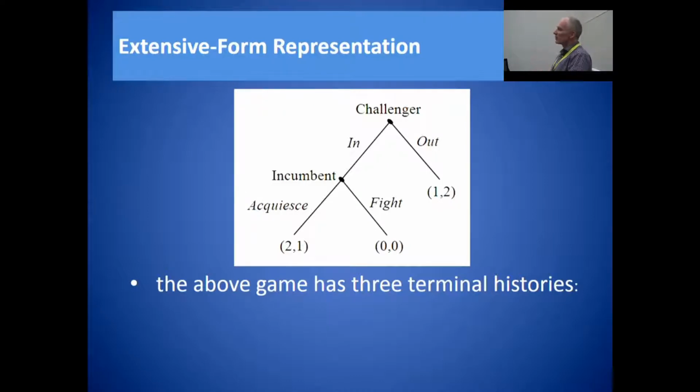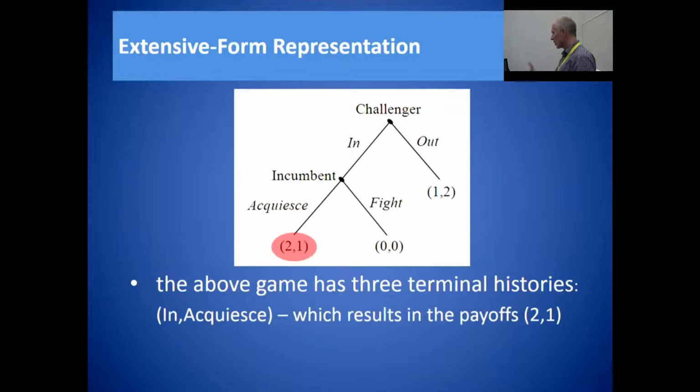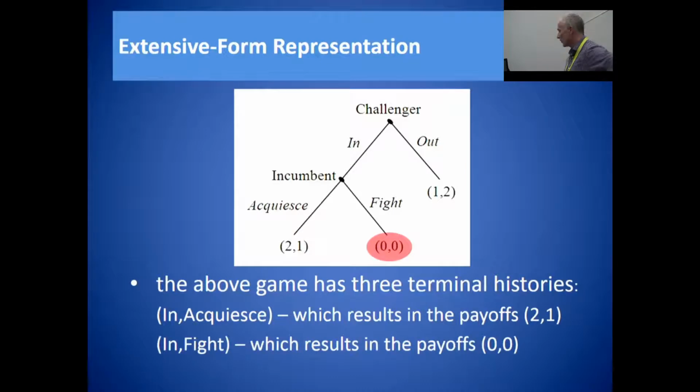The 3 possible outcomes, or terminal histories, are firstly, that the challenger chooses to enter the market and the incumbent acquiesces. This results in a payoff of 2-1: 2 to the challenger and 1 to the incumbent. An alternative is that the terminal history is in fight, where the challenger chooses to enter the market and the incumbent responds by fighting.